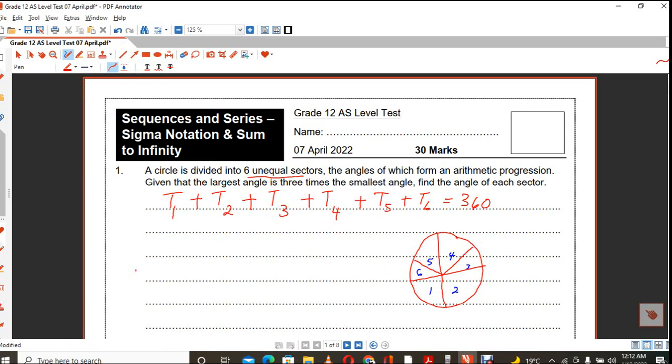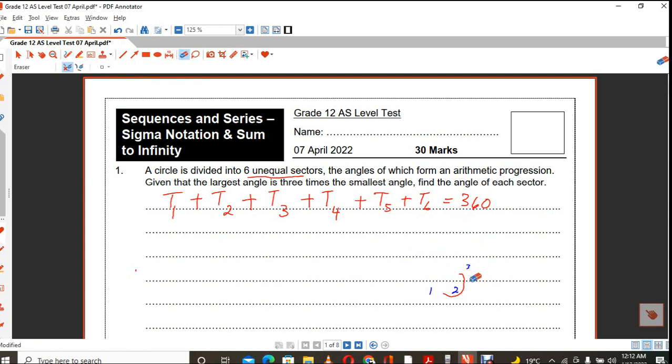When you add all these angles at the center, they should add up to 360. You get where I'm going with that? So that's why I'm saying all of that should equal 360.